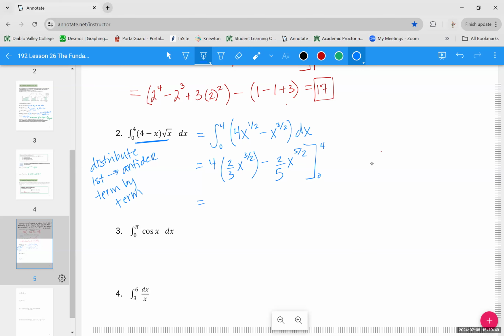So that gives me 8/3, and again, x to the 3/2, I'm going to go ahead and put in my 4. So 4 to the 3/2, and 2/5, 4 to the 5/2. We'll talk about how to evaluate that in just a second. Minus, well, what happens when I plug in 0? 0 to the 3/2 and 0 to the 5/2 is 0. So that whole second part will be 0. That's nice.